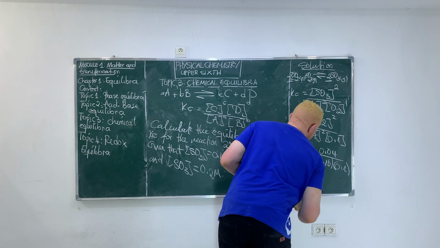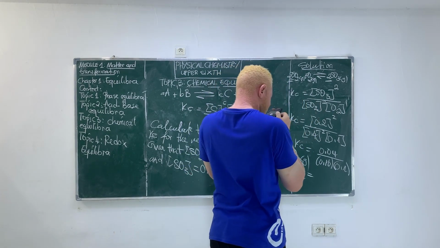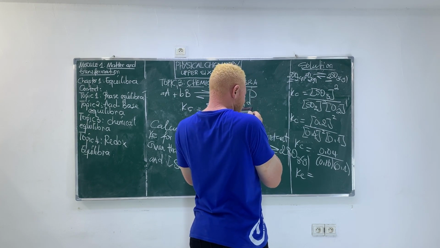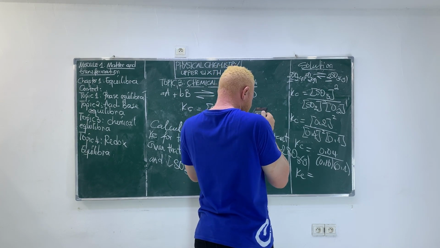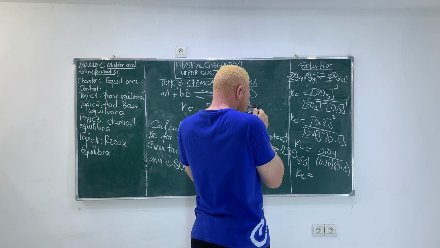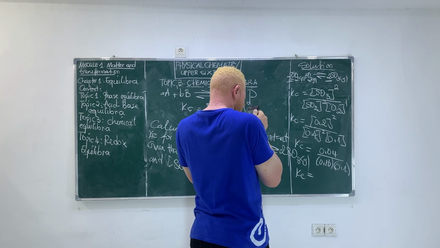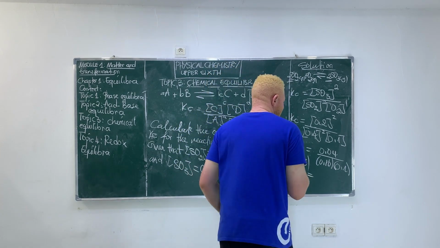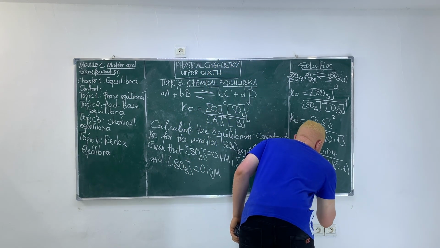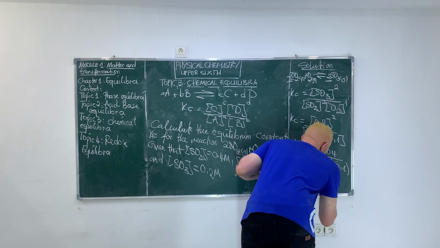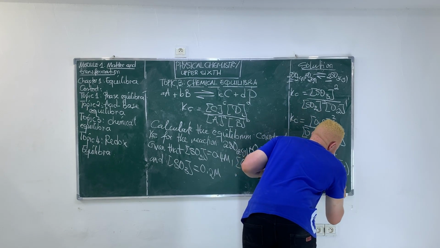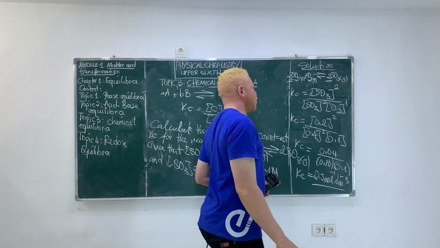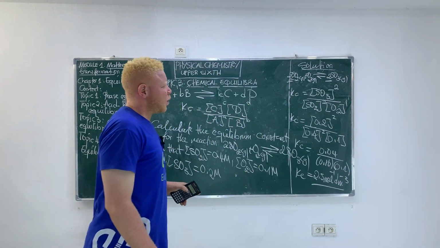So 0.16 times 0.1 is 0.016. Then 0.04 divided by 0.016 equals 2.5. The unit is mole per dm cube. So that's the value of the equilibrium constant Kc.